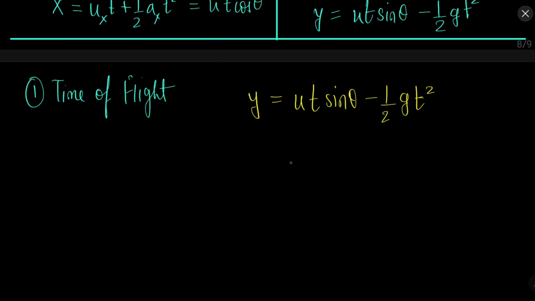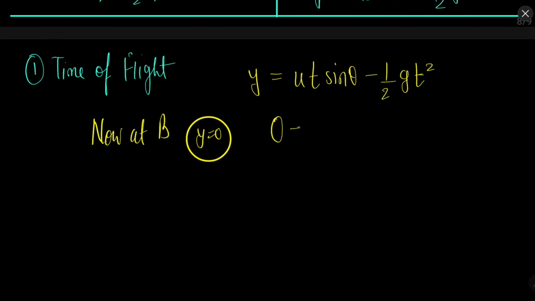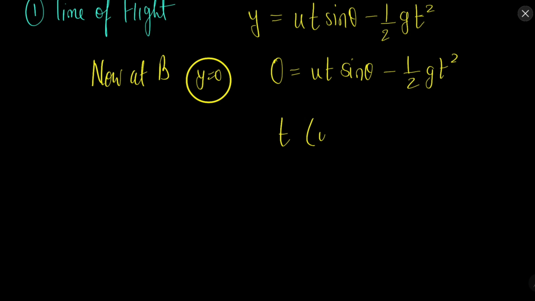Now at point B, what will happen? At point B, y will be equal to 0, because you are at the bottommost location. So 0 equals ut sin theta minus half gt square, which gives u sin theta minus half gt equals 0.